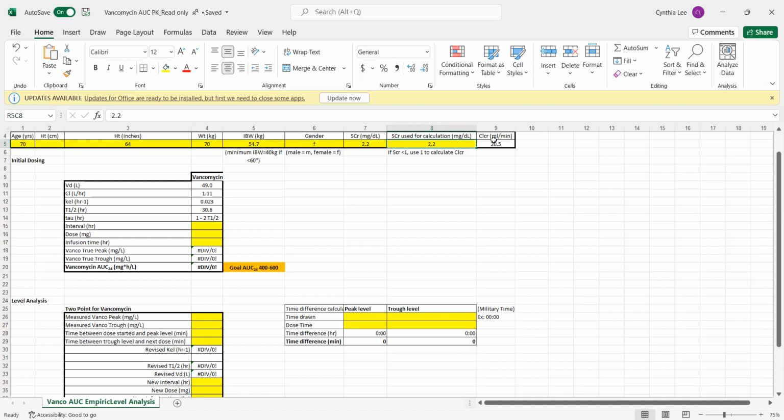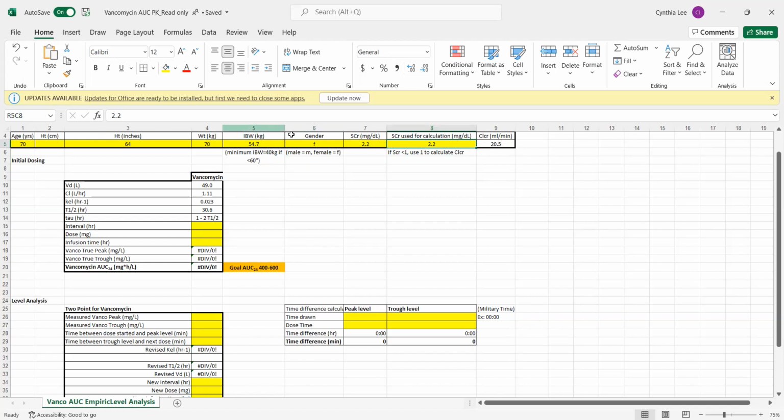And then this will automatically calculate your creatinine clearance. Again, you should calculate your own creatinine clearance, because this calculation defaults to using the IBW. For example, if they're normal weight, then you should use the actual weight instead of the IBW. So you should still calculate your own creatinine clearance.